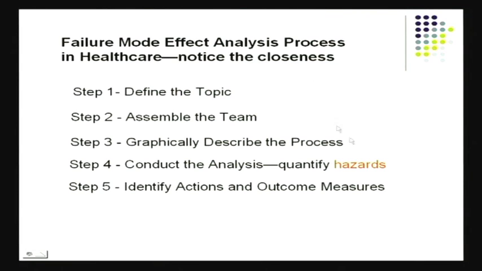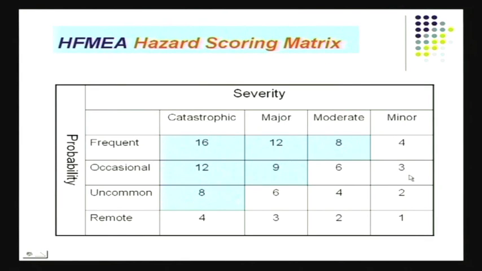This is something for which you've got to act, and that comes in very handy once you try to do this. In certain situations, you'll try to quantify hazards, and I'll give you an example. If you look at the hazard scoring matrix, this is another matrix that's also very similar to what we did.